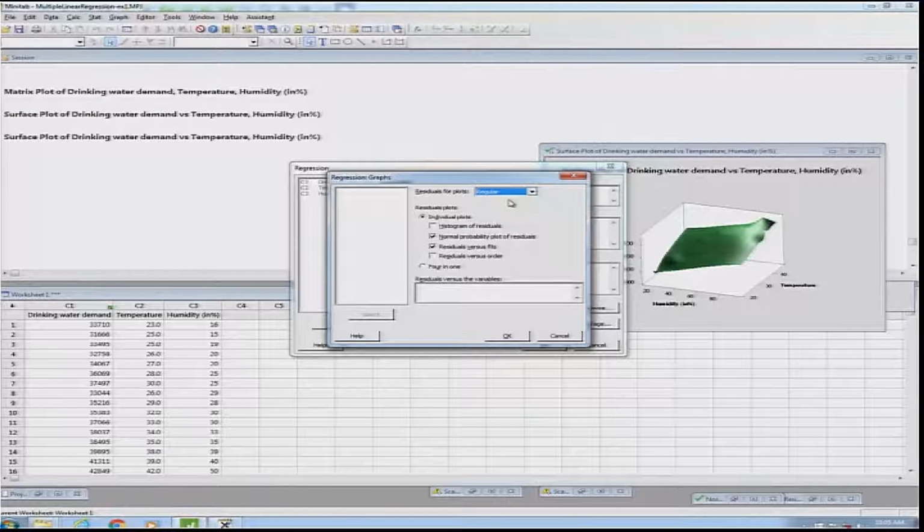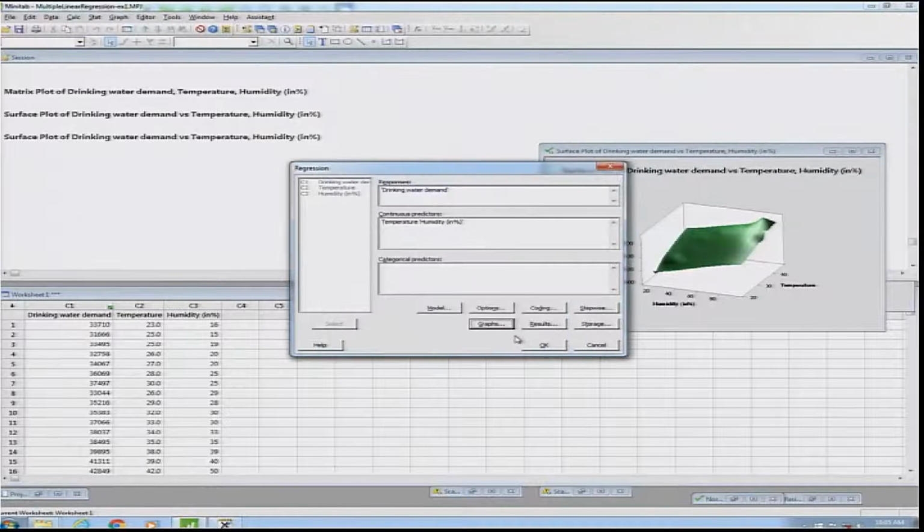Here we would like to have the regular one, and then we would also like to see what happens when we go for a standardized one. Ideally, there should not be any difference. So in the first shot, I will obtain these plots for the regular residuals, and then I will repeat this analysis and obtain the plots for the standardized residuals. There is also another option to have all four graphics in one, but that does not make any difference.